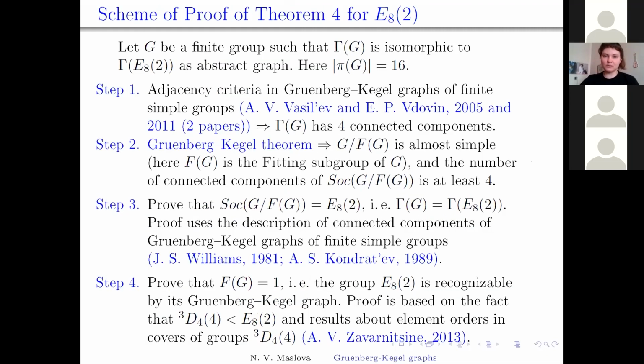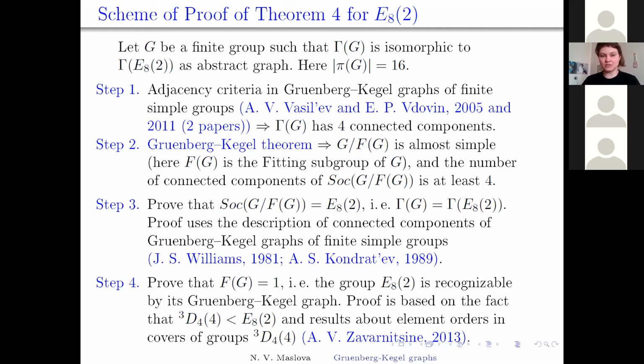And what about the group E8 over the field of order 2? If G is a finite group such that the Gruenberg-Kegel graph of G is isomorphic to the Gruenberg-Kegel graph of E8(2) as an abstract graph, then first of all, the prime spectrum of G consists of 16 elements.